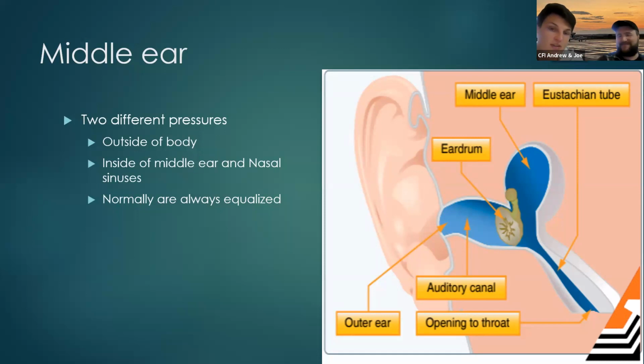Yep. And you're going to feel this more as you start to descend. When climbing, it's easier for that air to escape, but when you descend, it has nowhere to go. Yep, and it sucks. So always be aware: if you start to feel pain in your sinuses or ears, let your flight instructor know, right? Because what we can do is descend slower and give it a little more time to equalize.